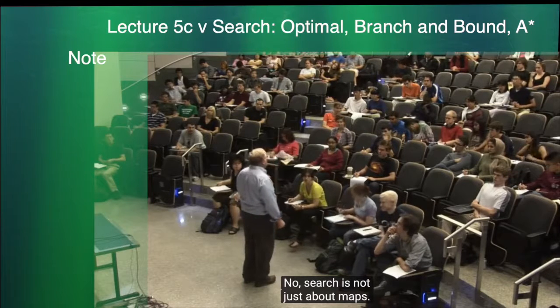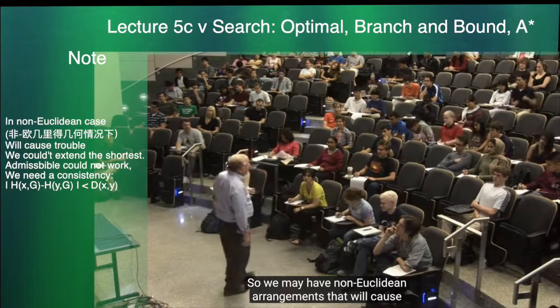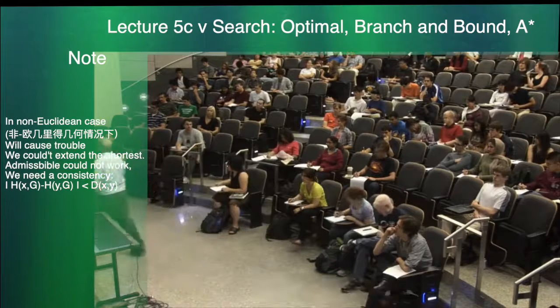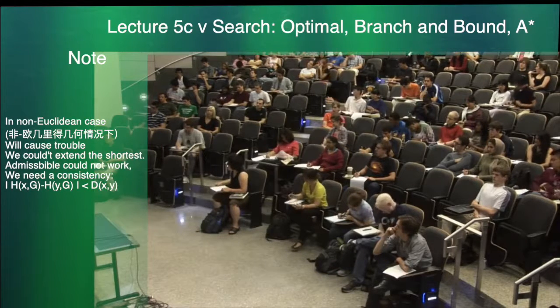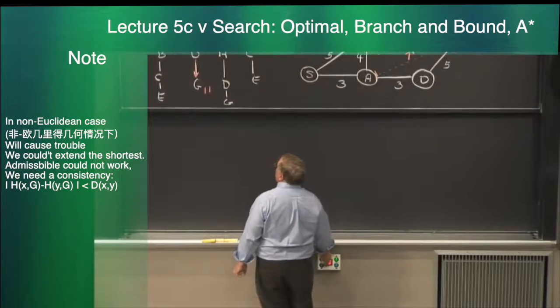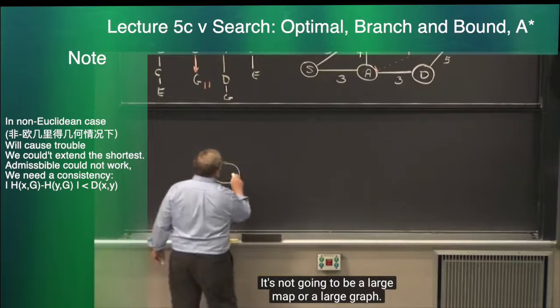No, search is not just about maps. So we may have non-Euclidean arrangements that will cause us trouble. So I'd like to illustrate that with the following example. It's not going to be a large map or a large graph.